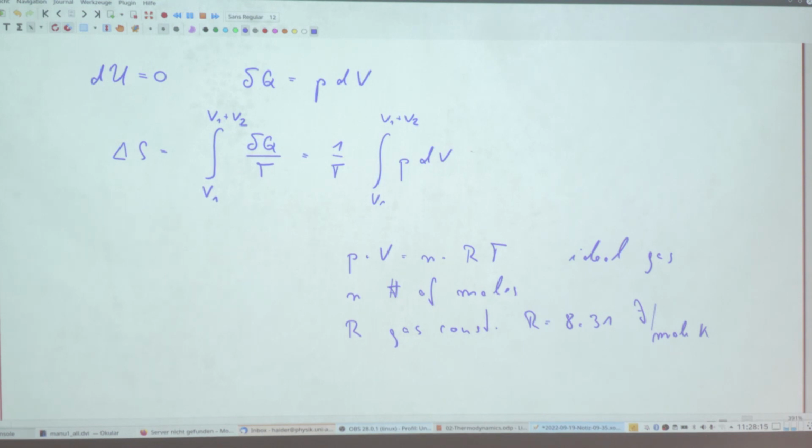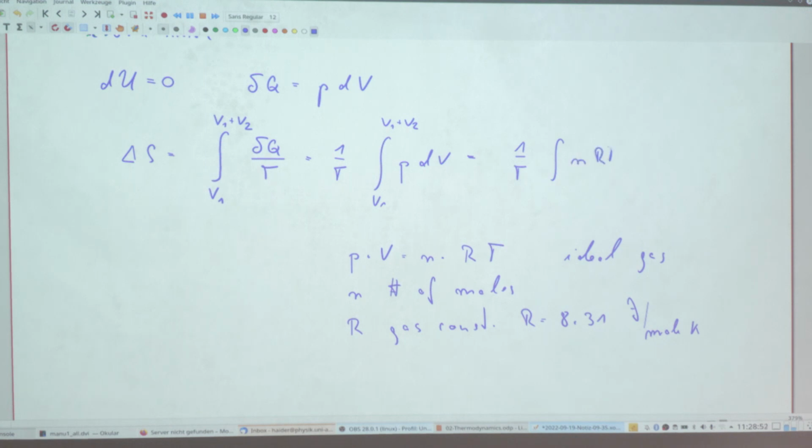Then we can do this integration. We replace P by nRT over V. You see, T cancels out, nR remains, and then we can do the integration dV over V, which is ln of V divided by V1. And at least you see that this is a positive quantity.